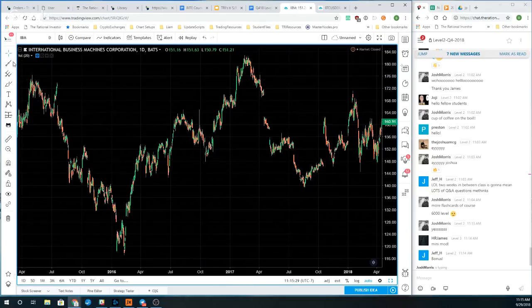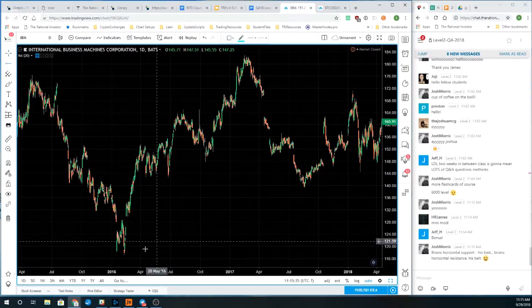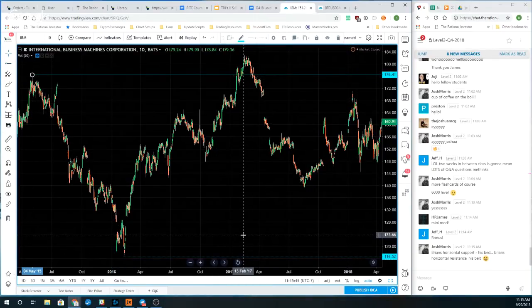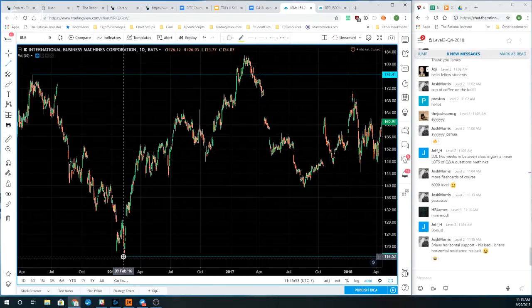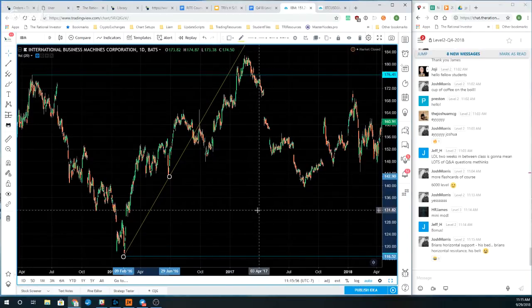You've probably seen people on the TradingView tool, like here's the horizontal ray, draw horizontal lines off of key pivots before. That's probably not a totally new concept to you. And at the same time, you've probably done it yourself, you've drawn these angular lines.